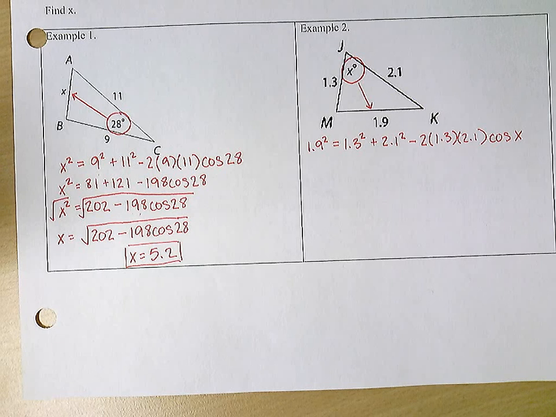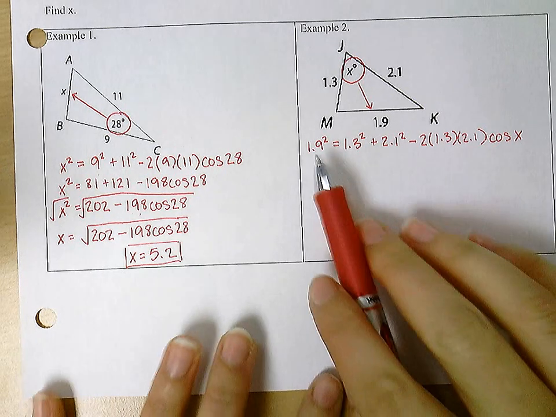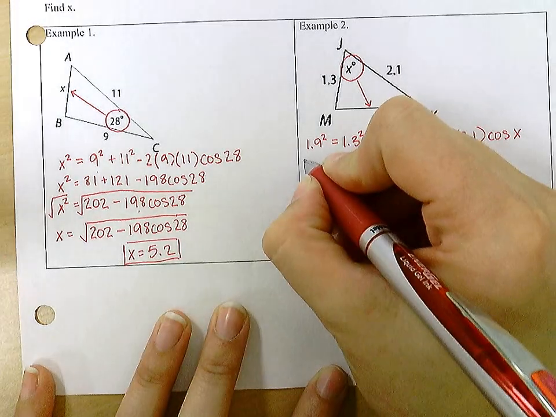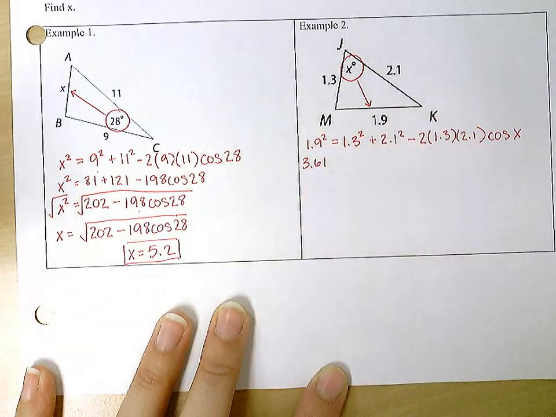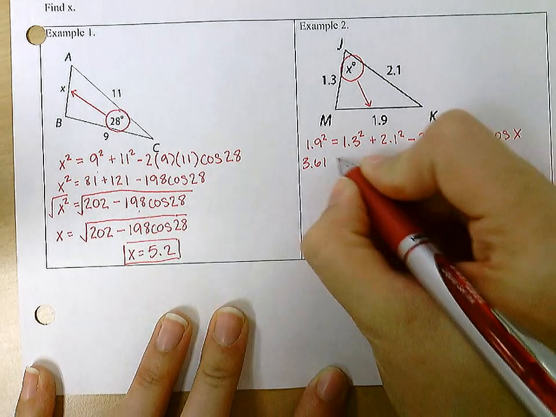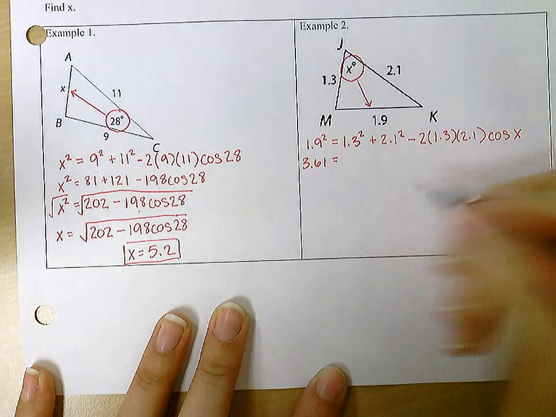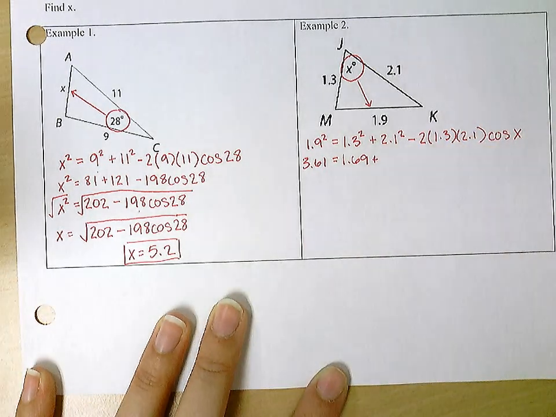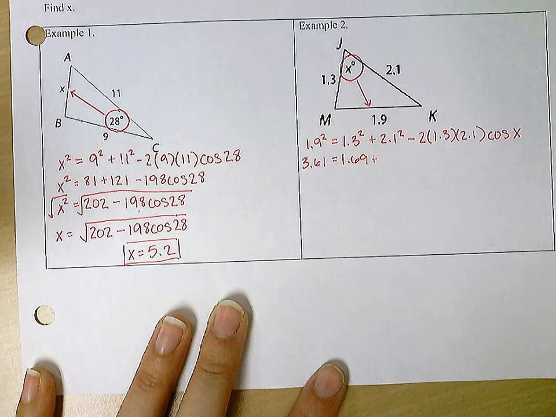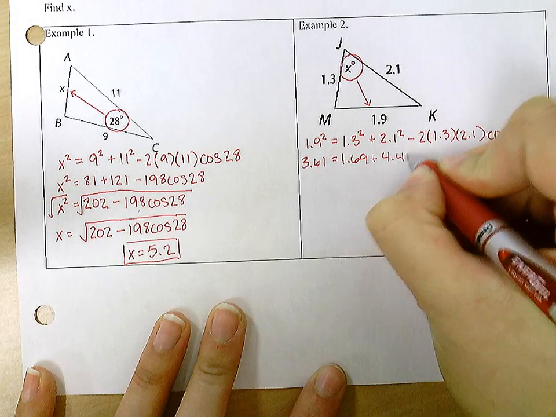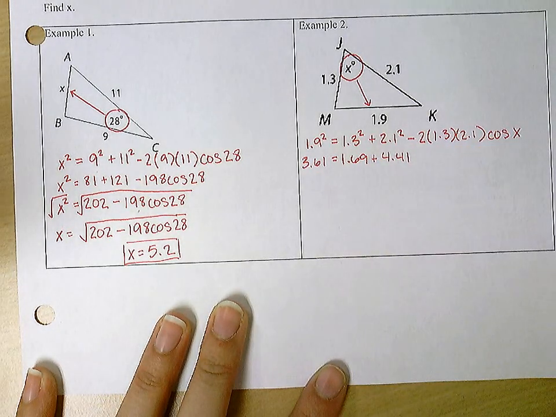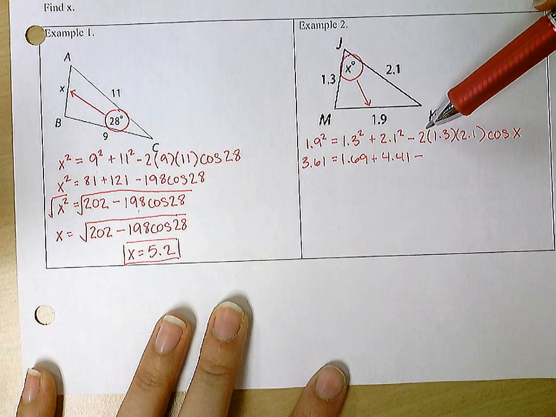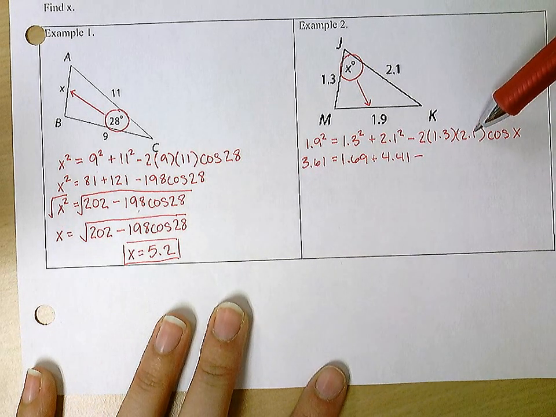Okay. So from here, I do want to square my numbers. So 1.9 squared is 3.61. 1.3 squared is 1.69. And 2.1 squared is 4.41. Then again, just like before, I can multiply these three terms together.